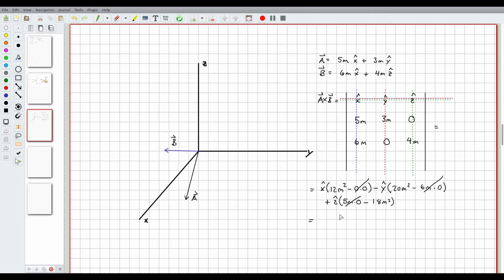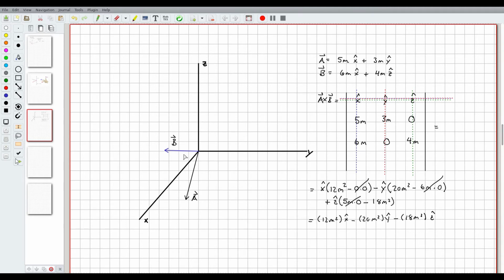The vector that we have is 12 meters squared in the x-hat direction minus 20 meters squared in the y-hat direction minus 18 meters squared in the z-hat direction.